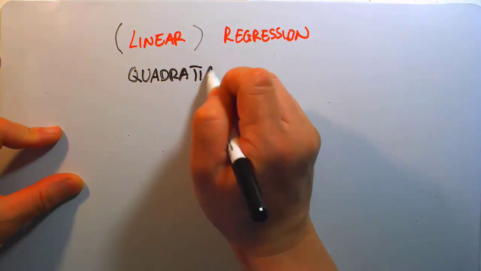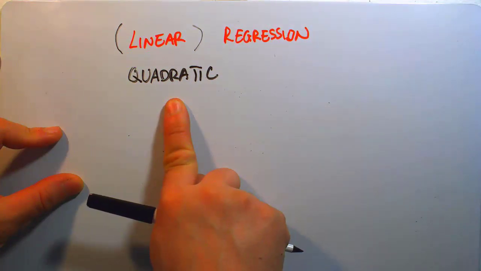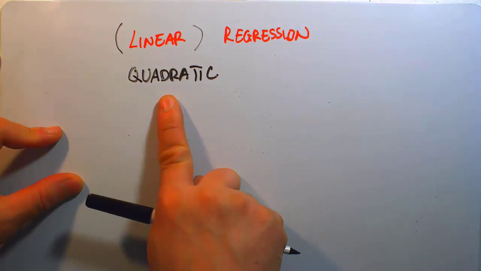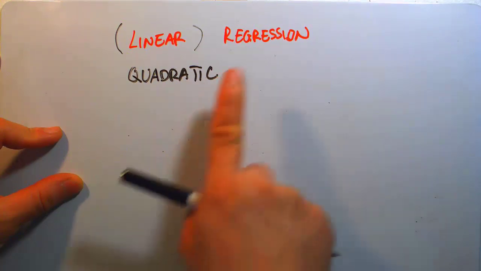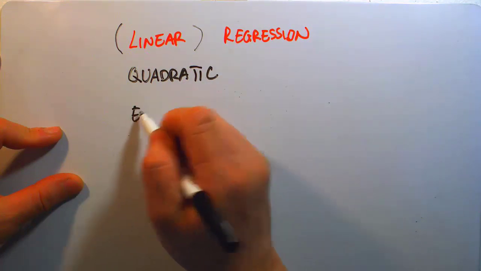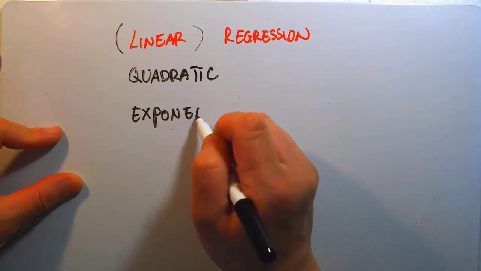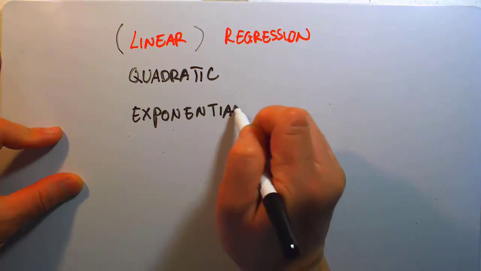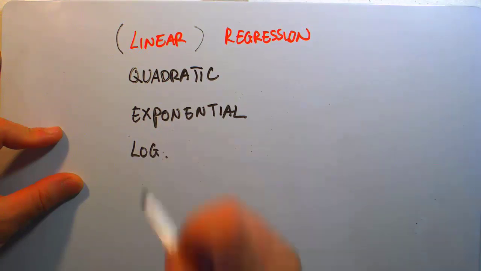Yes, there are. Even though not as commonly used as linear regression, there are times that we use a quadratic model, and of course we call it a quadratic regression. People in modern days have even come up with exponential regressions, and there are also logarithm regressions.